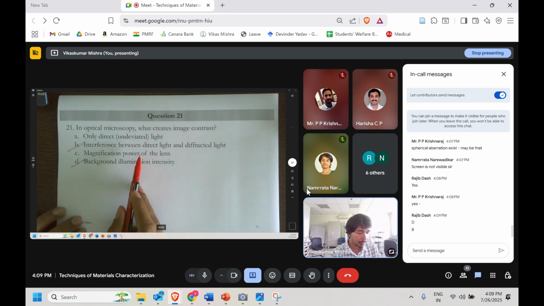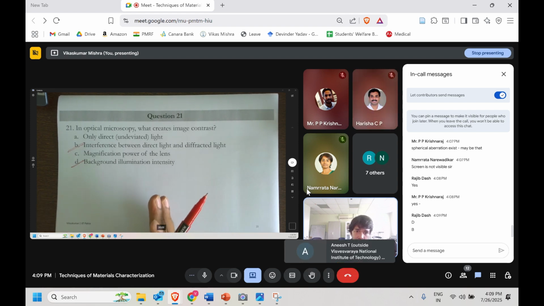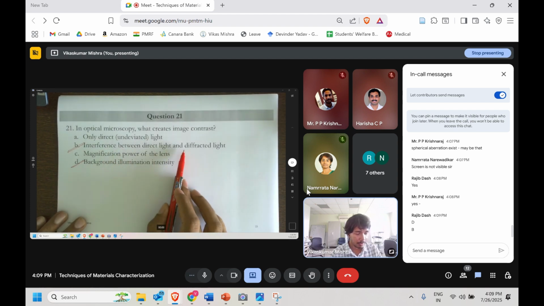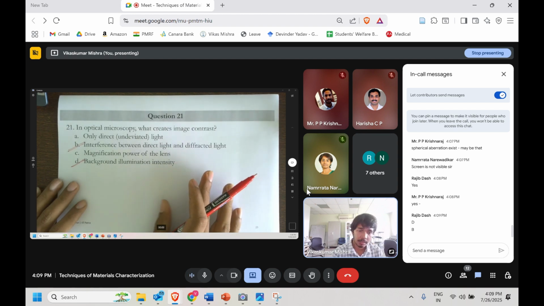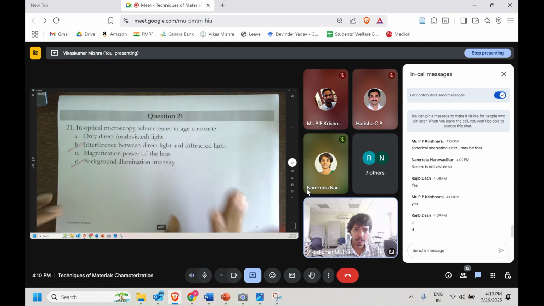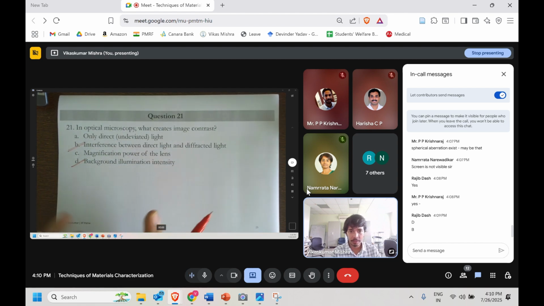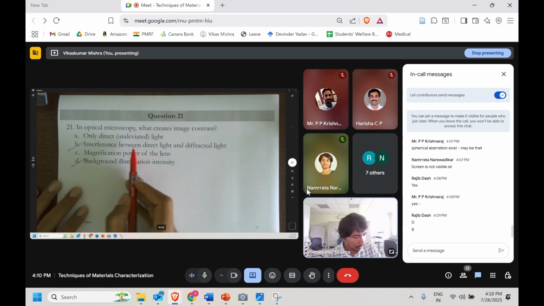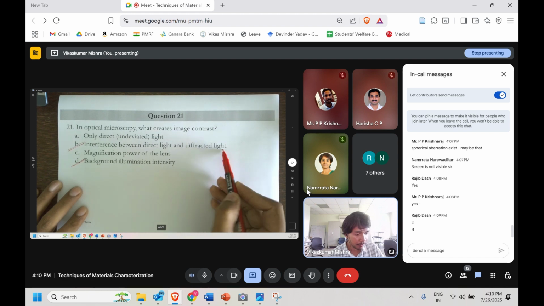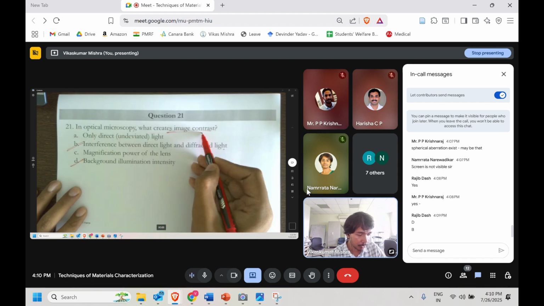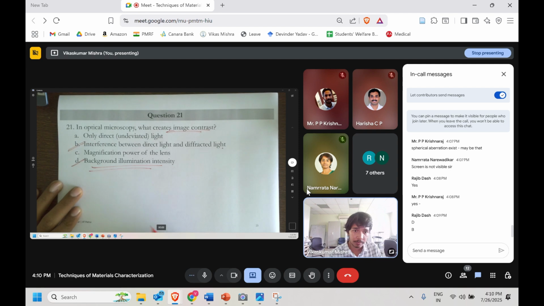So it's the interference. What is happening is that white and black spots will be created. The diffraction will occur, and due to that we are able to see the contrast. For example, the green and the green boundary will give different contrast due to the scattering. What is happening at that point is the diffraction, it's going in some other direction. So the interference between the direct light and the diffracted light is the one which is creating that image contrast, and this is also there.